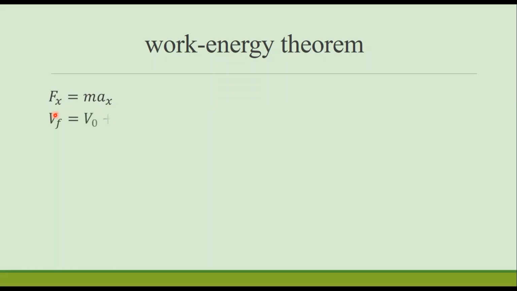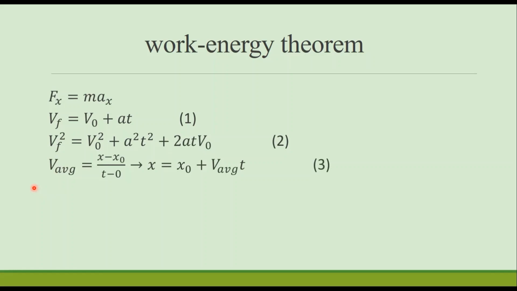On the other hand, for the motion of a particle with constant acceleration, we know that the velocity of the object at any point from the start of the movement is calculated as follows: Vf equals V0 plus a times t. If we raise this equation to the power of 2, equation 2 is obtained, and we will use that later.